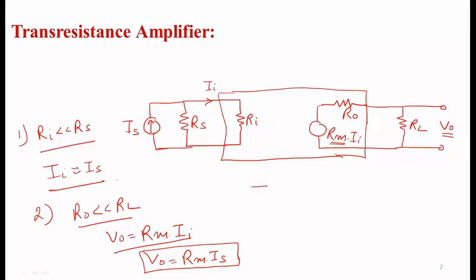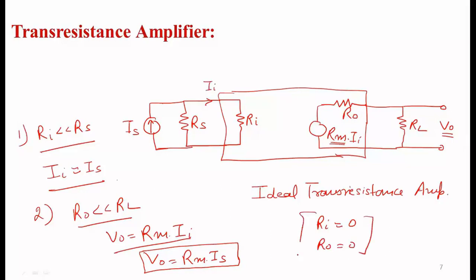For the ideal transresistance amplifier, we have the input impedance equal to 0 and the output impedance also equal to 0. So with these conditions, we have the ideal transresistance amplifier.